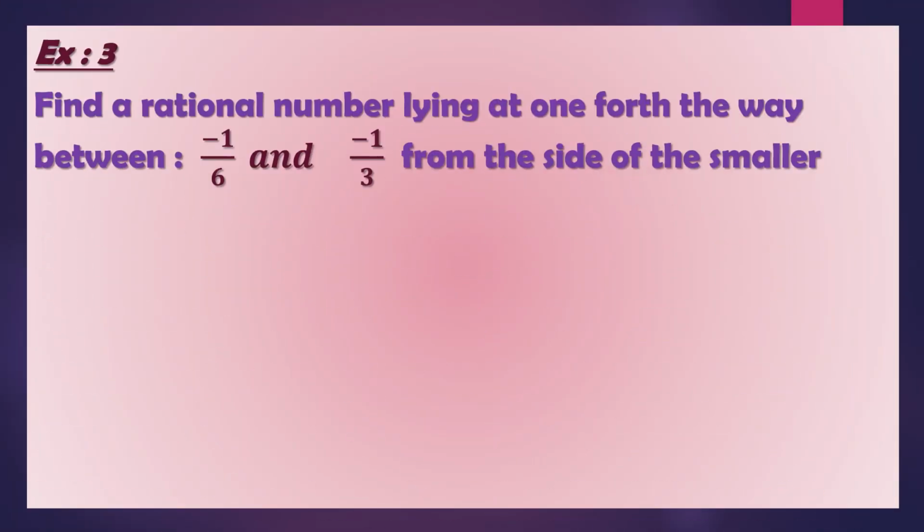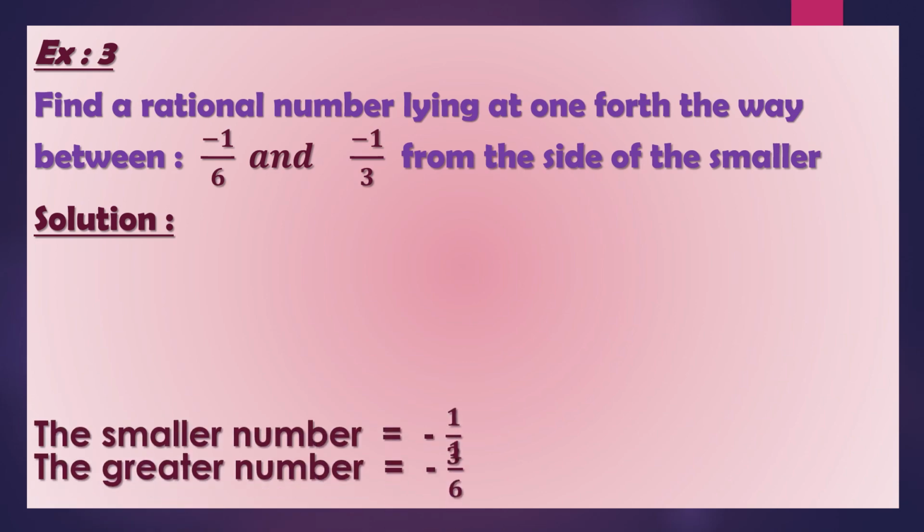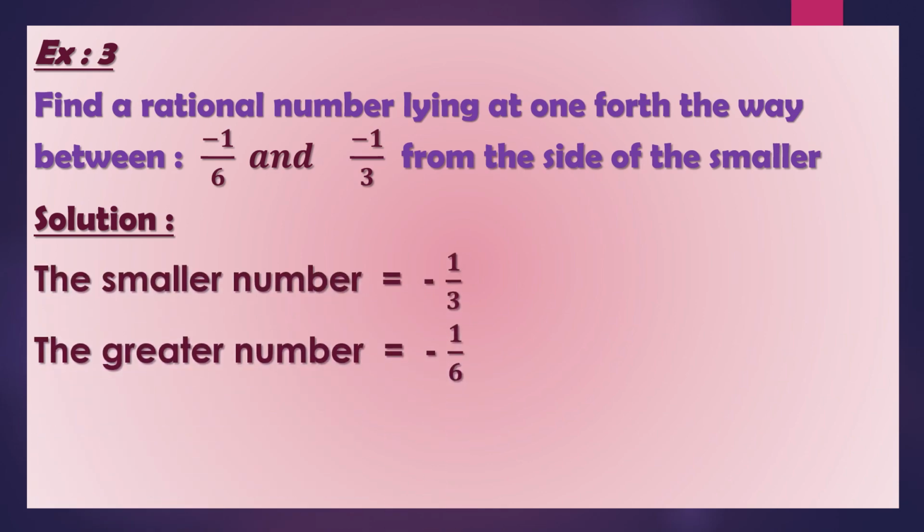From the side of the smaller number. So first we define the smaller and the greater. The smaller number here is negative 1 over 3, and the greater number is negative 1 over 6. By using the following rule, the number at 1/4 equals smaller plus 1 over 4 absolute value of greater minus smaller, as we studied.